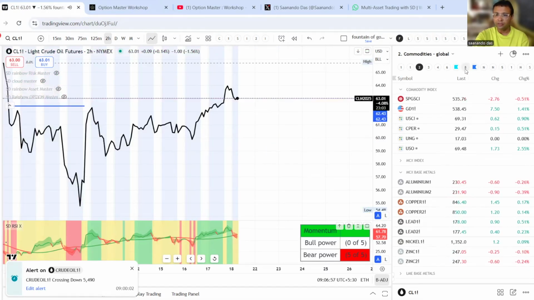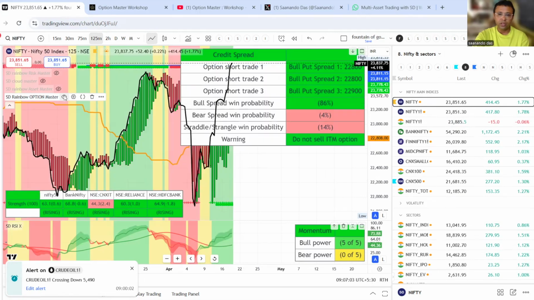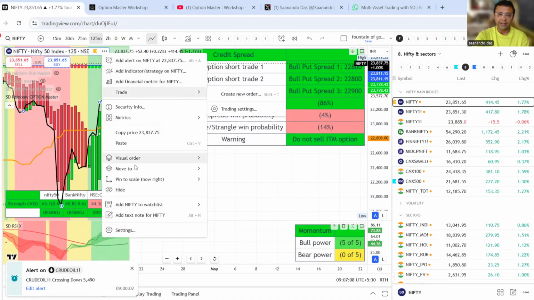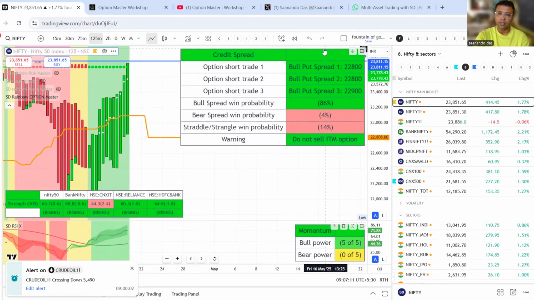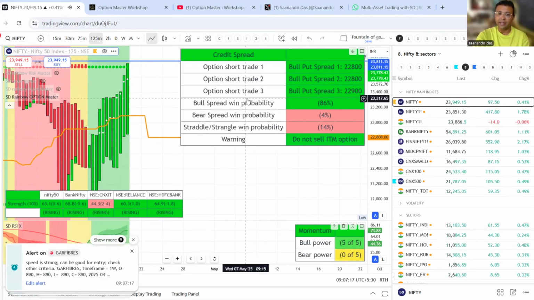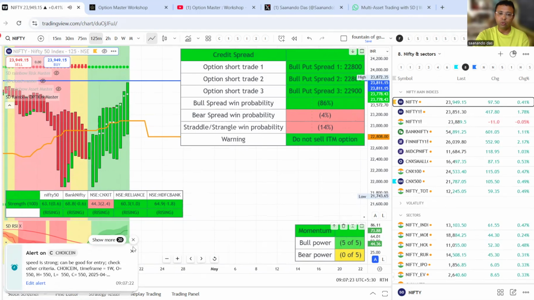Let's go to Nifty. And this is the Option Master tool, credit spread. This is what is going on, the credit spread is continuing. You can use this Option Master tool for free for 15 days, which can act as guidance for you. After the market opens, a lot of alerts are coming. I will have a look at these stocks, let them come. It comes at 9:07 and after that, but this is not a time when we trade, what is important is that the signal comes.